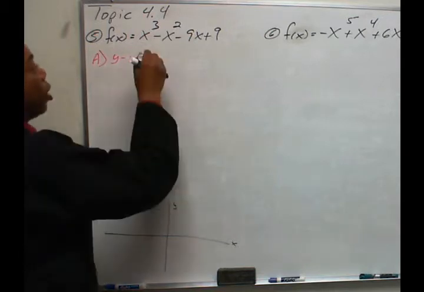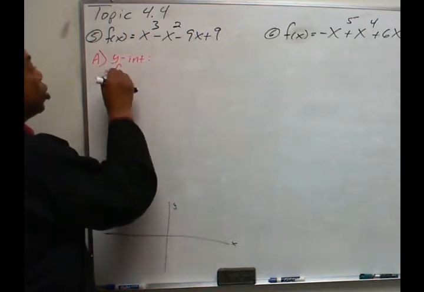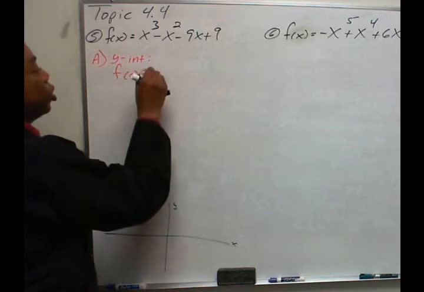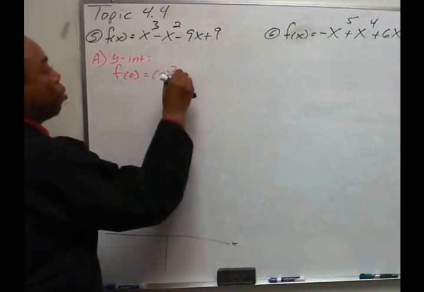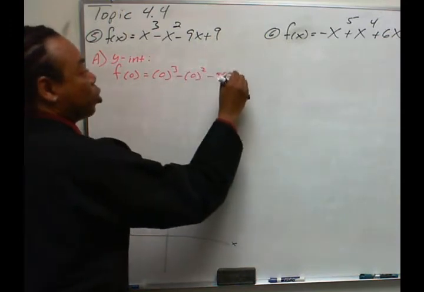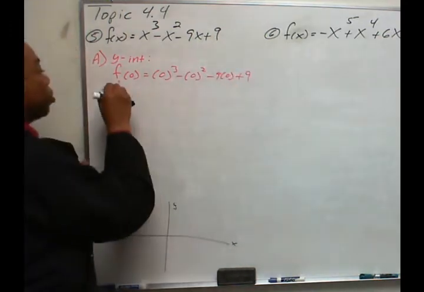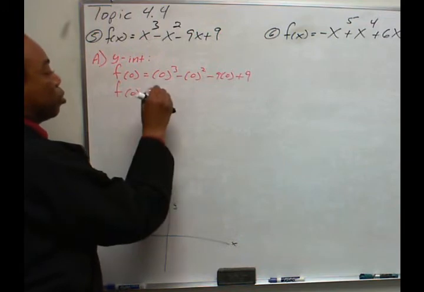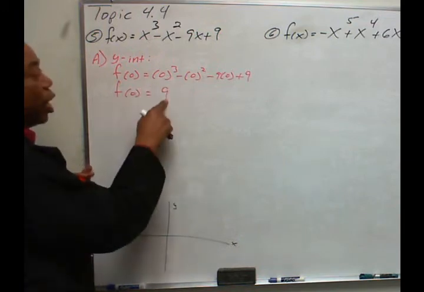We find the y-intercept by changing all the x's into 0. So we have 0 to the third minus 0 squared minus 9 times 0 plus 9. And 0, 9 is the y-intercept.